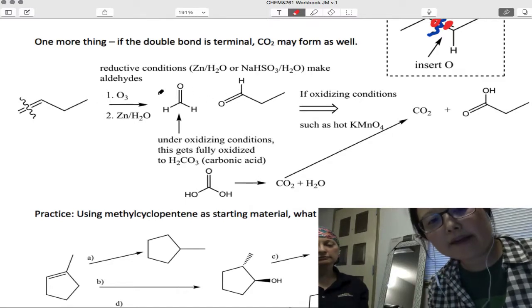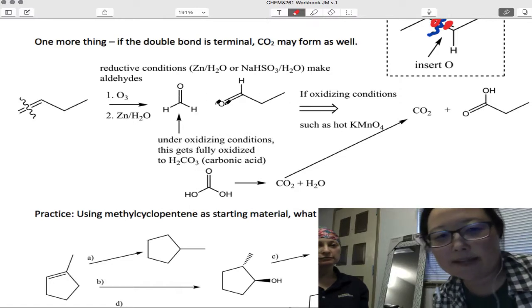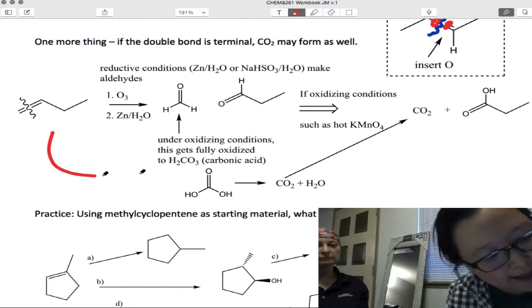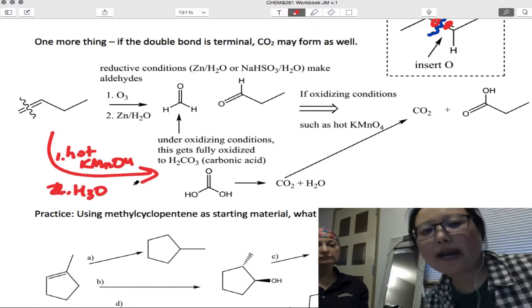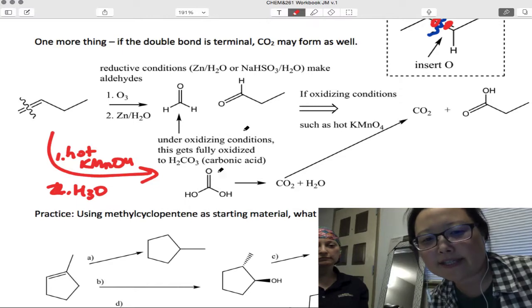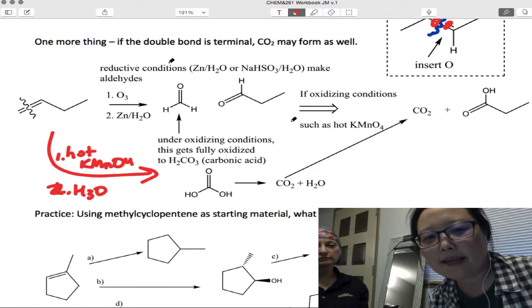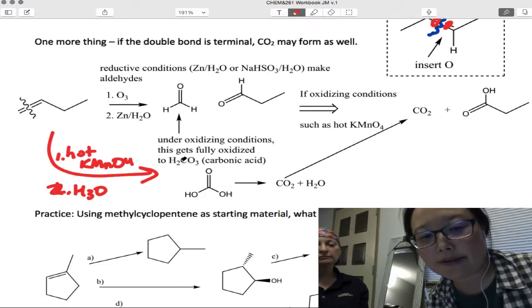Now, what if I used KMnO4 instead? If I use hot KMnO4 followed by an acid workup, then what I have is the oxidized versions of these. Instead of this aldehyde, I get the carboxylic acid version, and instead of this aldehyde, I get this carboxylic acid. Now here's the thing: this molecule, when it turns into this, is actually carbonic acid, H2CO3.